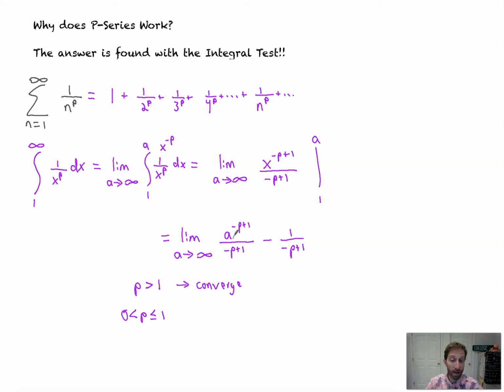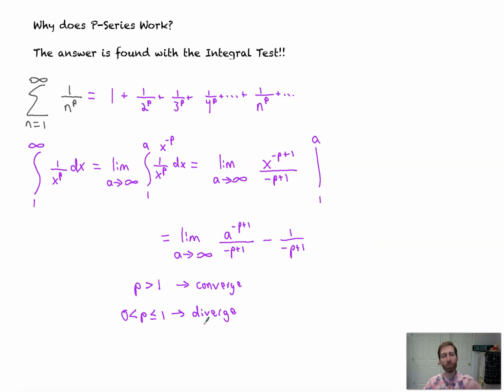Now you've got infinity, that's a, to the negative 0.5 plus 1, that's infinity to a positive power. So the infinity stays in the numerator, and you end up with positive infinity. And that means that we end up diverging. So it's because of the integral test that we're able to say with confidence that p has got to be greater than 1 to converge and less than or equal to 1, but above 0, to diverge. That's it. So it's pretty neat.